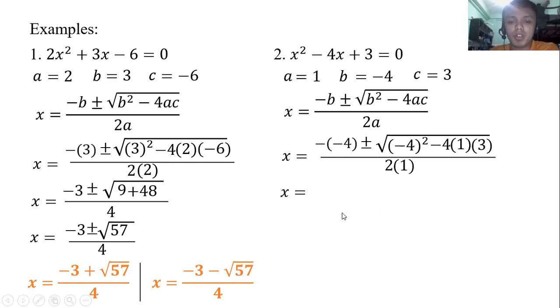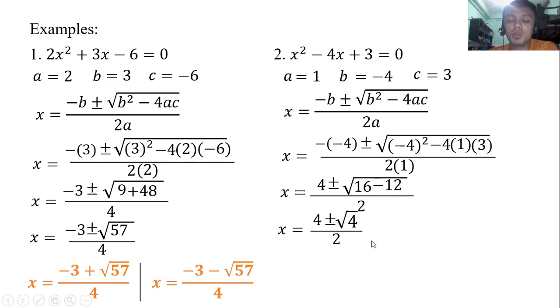Negative times negative 4 is 4 plus or minus the square root of negative 4 squared, which is 16, minus 4 times 1 times 3, that would be negative 12, all over 2 times 1 is 2. We have 4 plus or minus the square root of 16 minus 12, that is 4, all over 2. 4 is a perfect square, therefore the square root of 4 is 2.